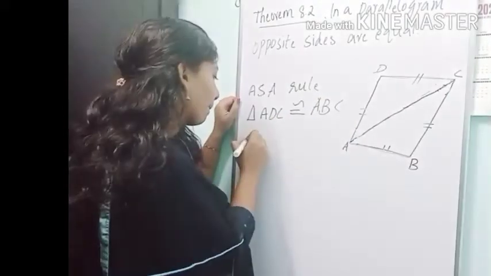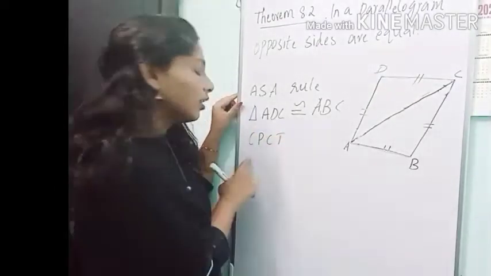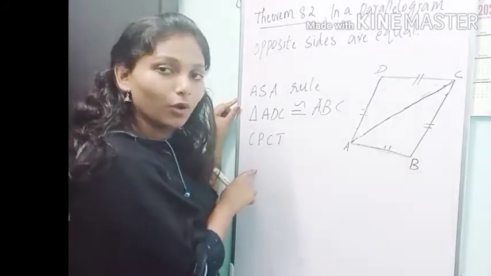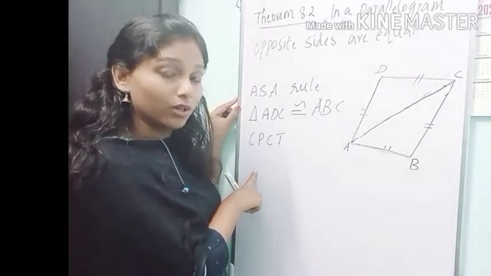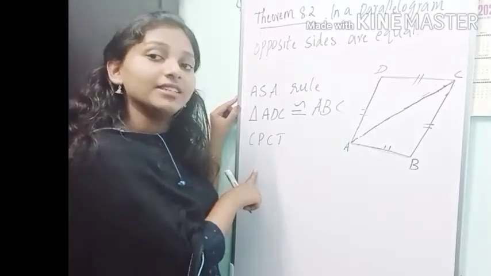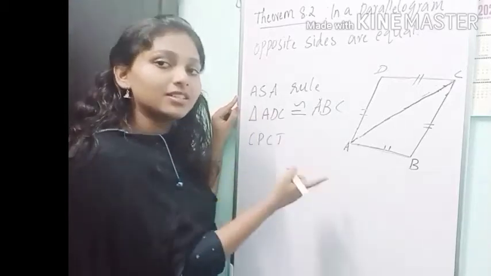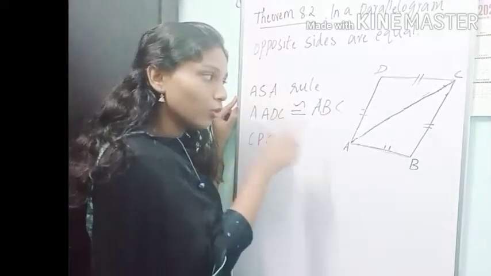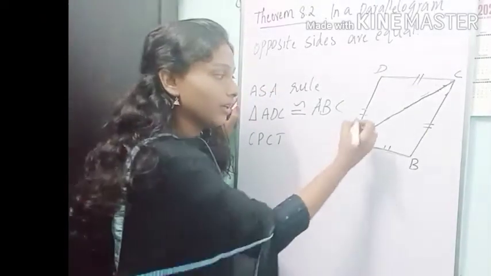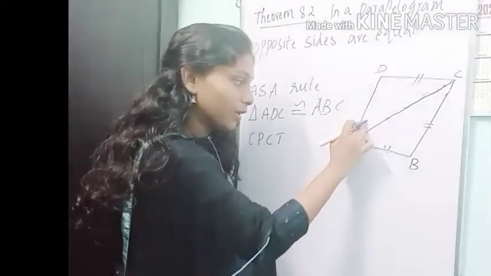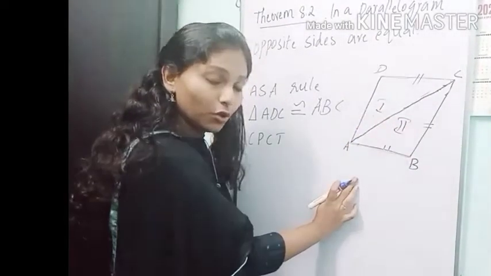Then what about CPCT? Corresponding parts of congruent triangles, which means all the sides and all the angles of one triangle are equal to all the sides and all the angles of the other triangle. So in this figure, in the parallelogram, we proved these two triangles are congruent.